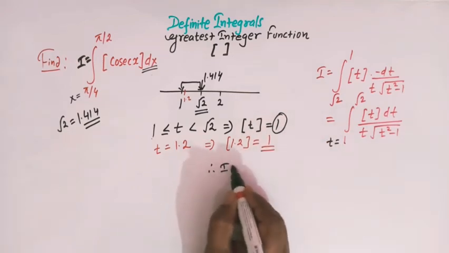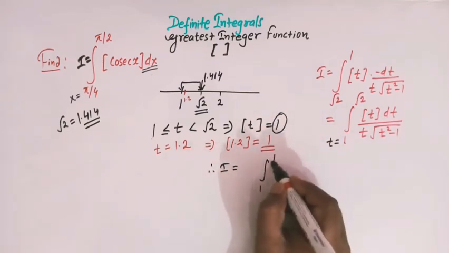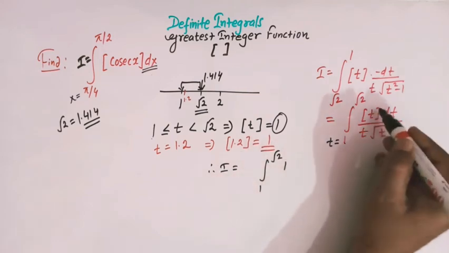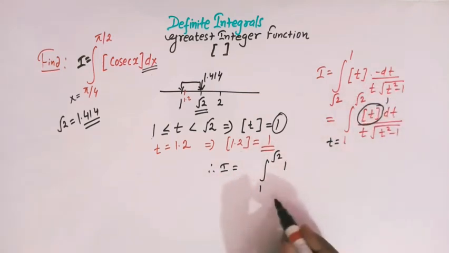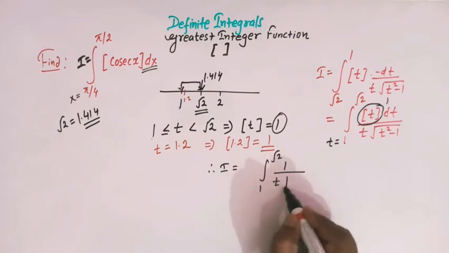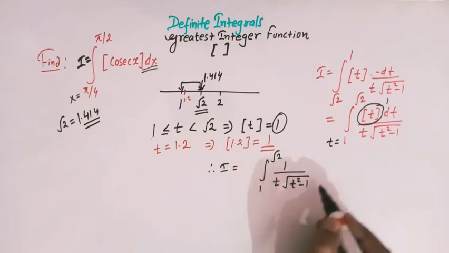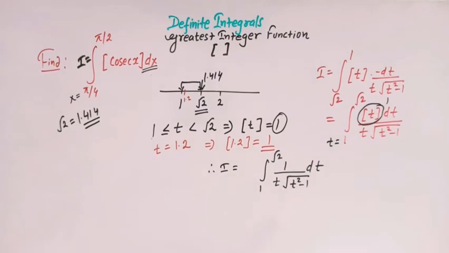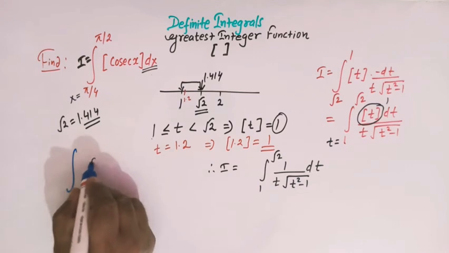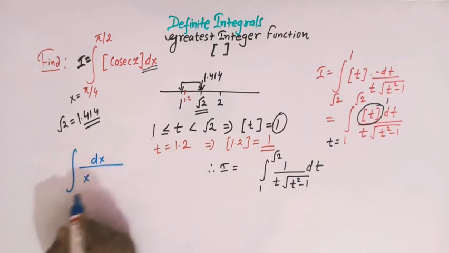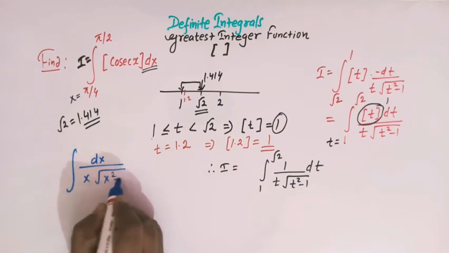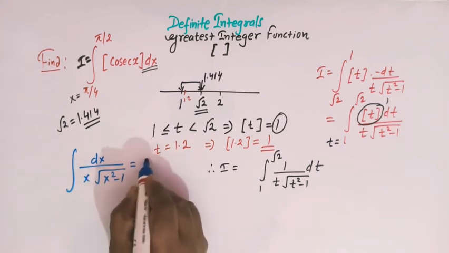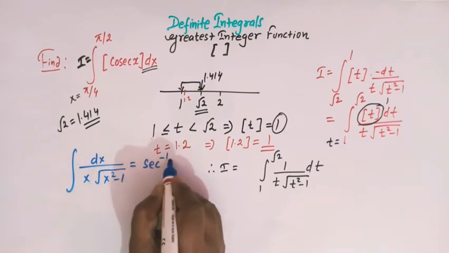So I is now equal to the integral from 1 to square root of 2 of 1 over t times square root of t square minus 1 dt. Now viewers, from integration we know the formula that the integral of dx over x square root of x square minus 1 is equal to sec inverse x.